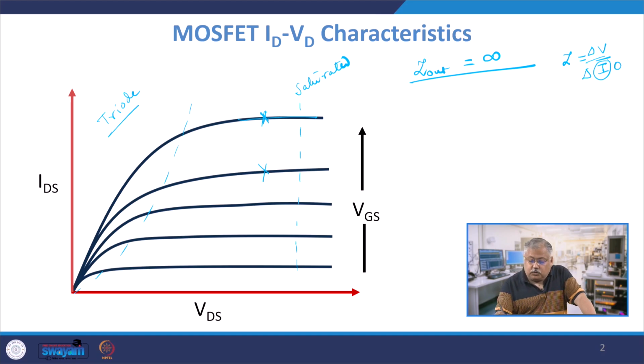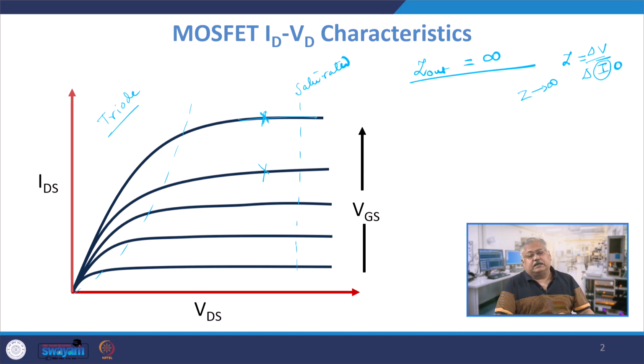Therefore, the denominator goes to 0 and therefore Z tends to infinity, which means that if you bias your device in this region, the output impedance of the MOSFET will be relatively high. In fact, in ideal cases it will tend to infinity.